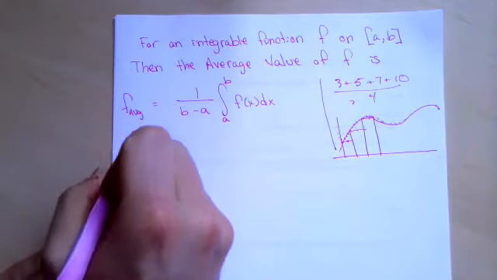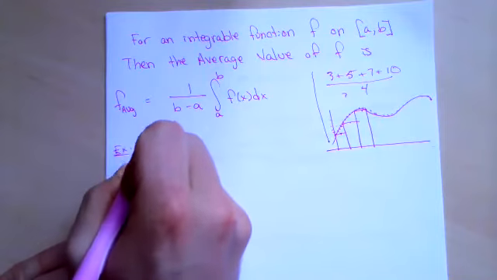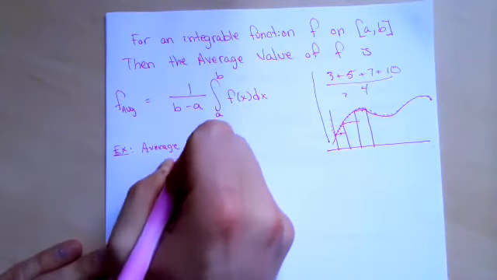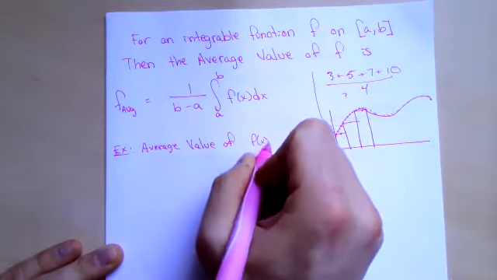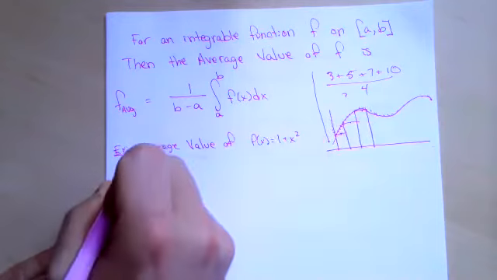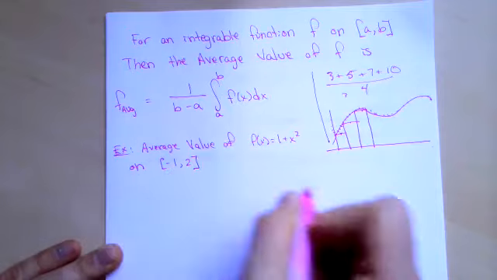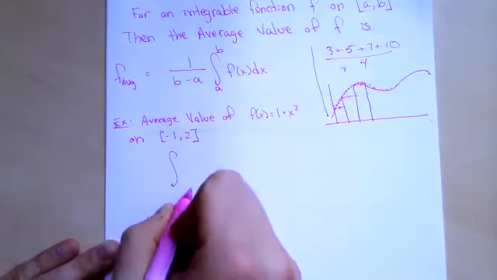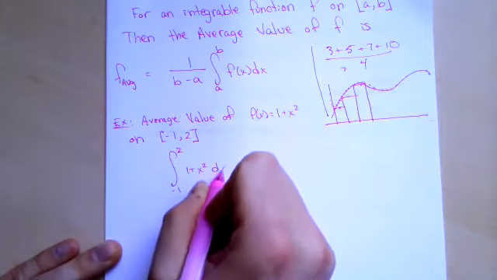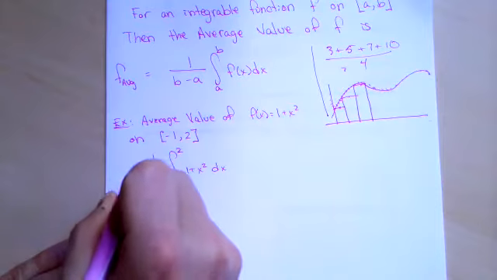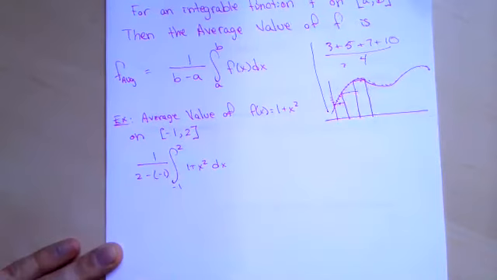So for example, the average value of 1 plus x squared on the interval from -1 to 2. You just integrate that function between the bounds and then divide by the length of the interval, so right endpoint minus the left endpoint.